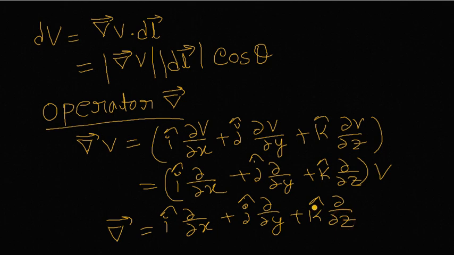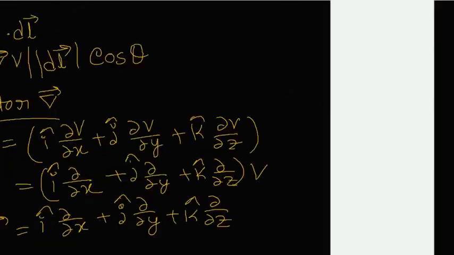Now if this operator del acts on a scalar function like v, then we call this the gradient.